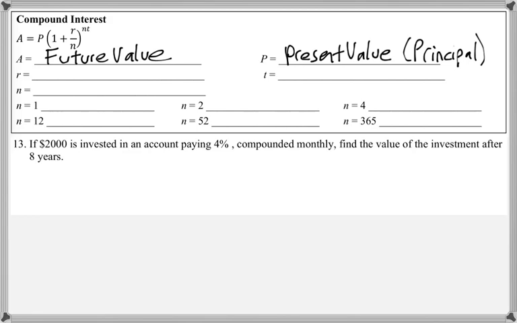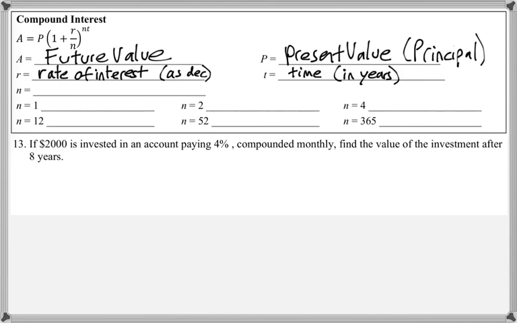The R stands for the rate of interest, and that's specifically as a decimal. So make sure it's in decimal form before you plug it into the formula. T is the time, and it's specifically in years.